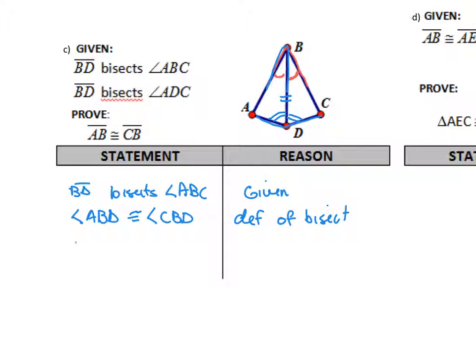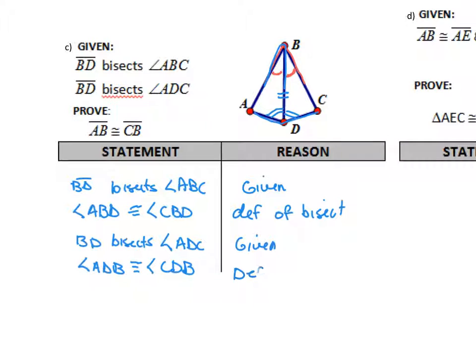Then BD bisects angle ADC because it's given, which allows me to say that angle ADB is congruent to angle CDB by the definition of bisect. And I also have my reflexive sides. So side BD is congruent to side BD because they're reflexive.